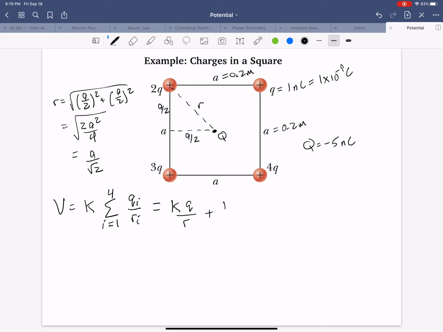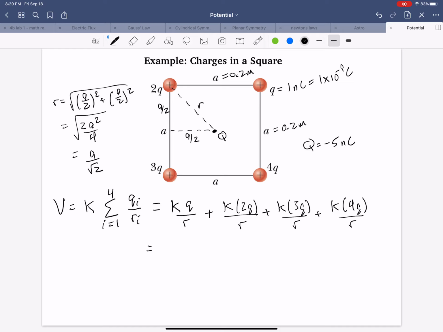The second term, k times Q2, which is a magnitude of 2Q over r. For charge 3, k times 3Q over r. And the fourth term, 4Q. And that's basically it. We add up and see what we get.